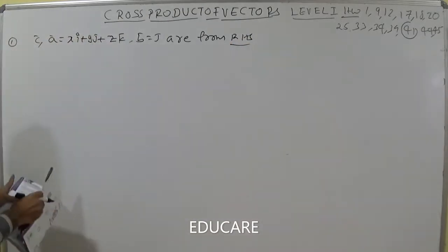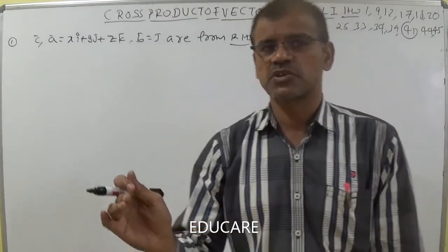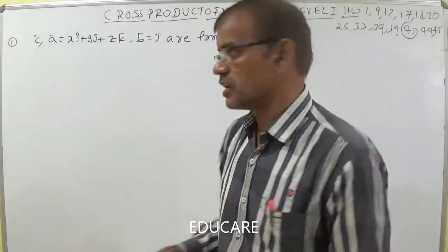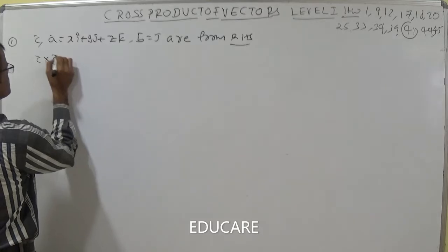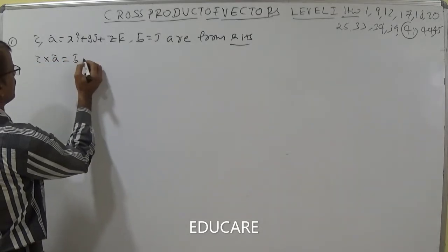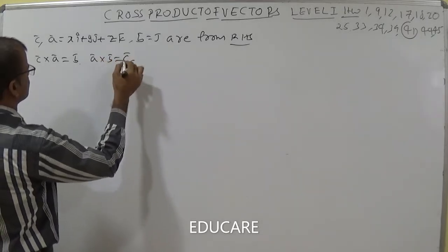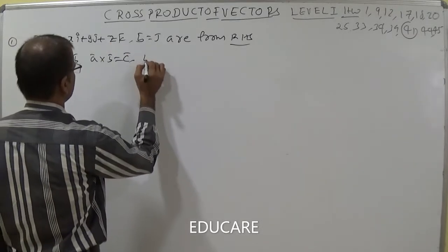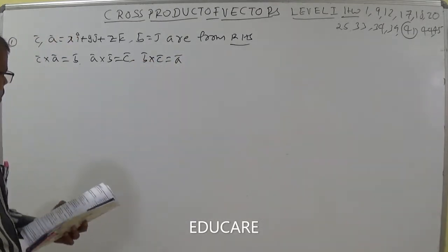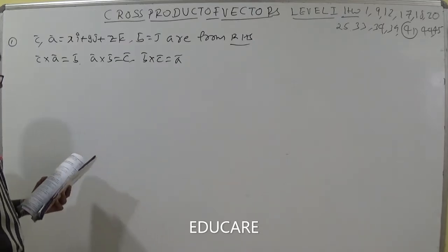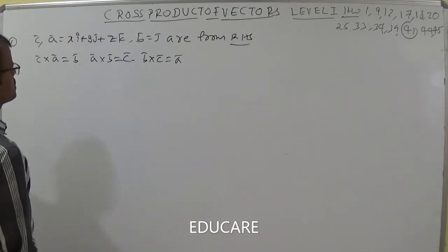We know that in a right-handed system, I cross J equal to K, J cross K is equal to I, and K cross I equal to J. So here the RHS concept: first cross second equal to third. A cross B is equal to C, and last, B cross C is equal to A.